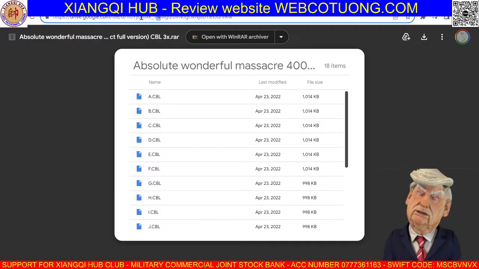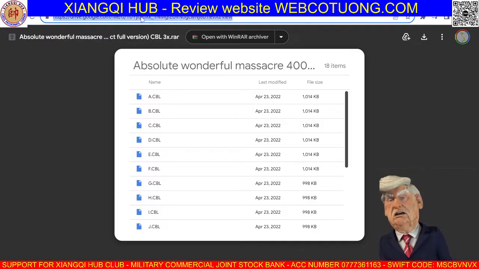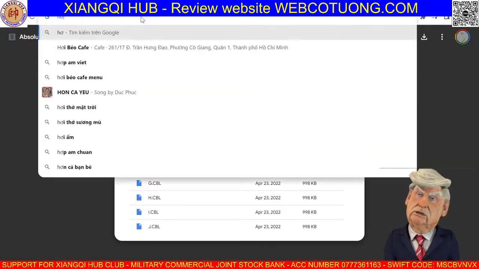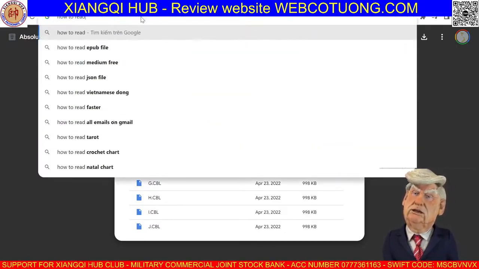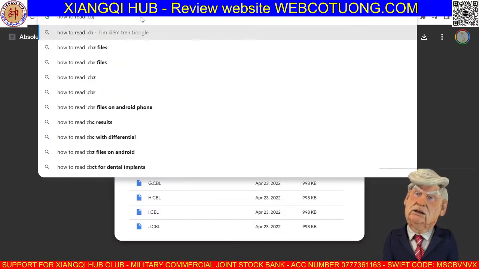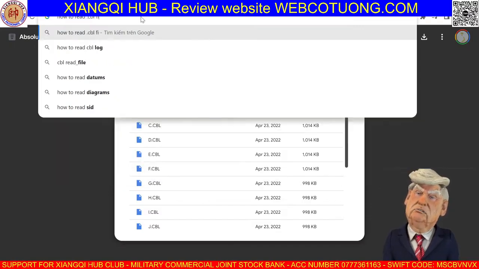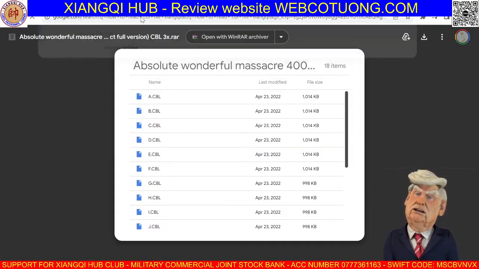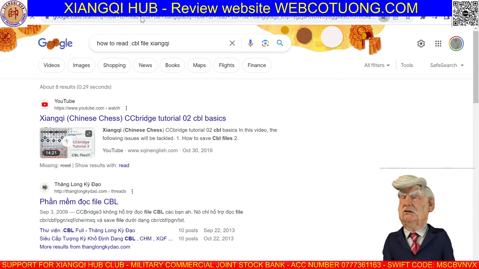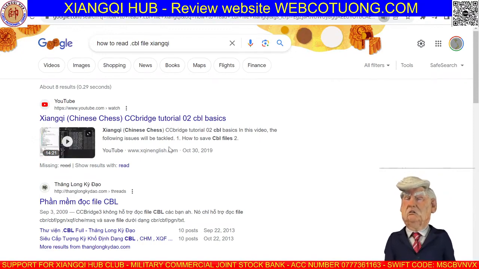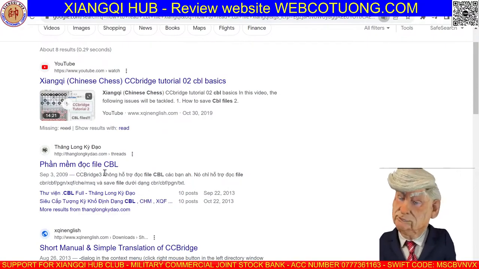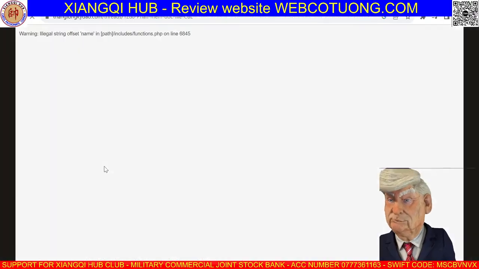Okay, let's try to search how to read the CBL5. How about we put in XIANGQI, Chinese chess tutorial. Yeah, and we have here the file that we can read CBL5.